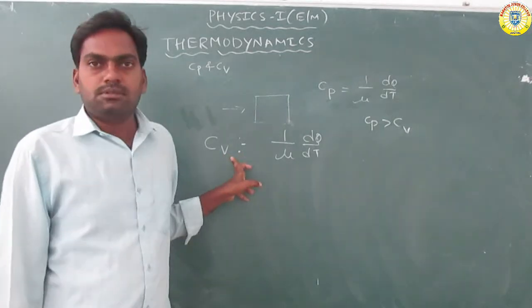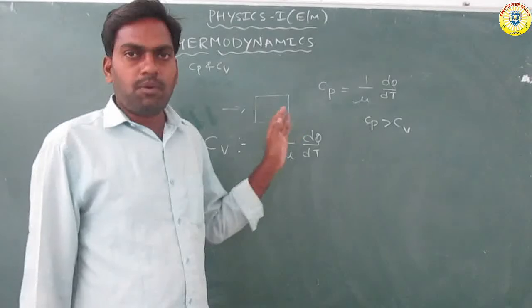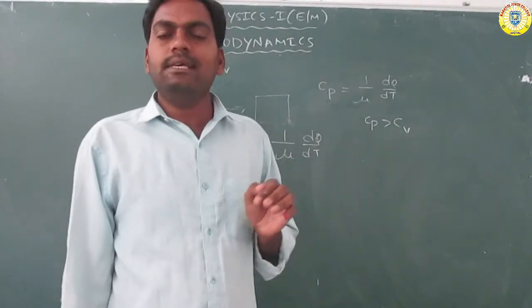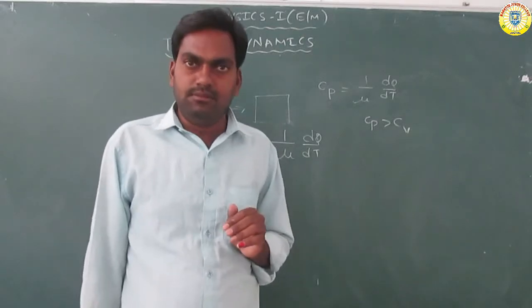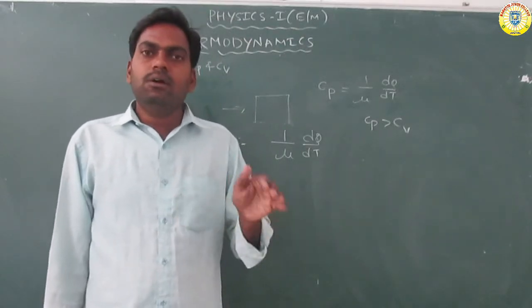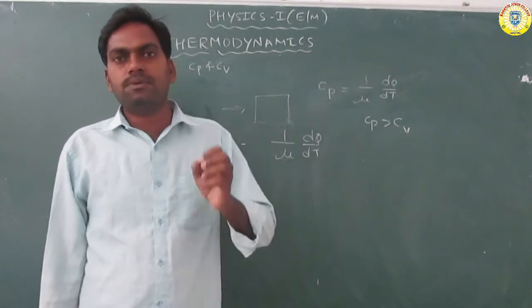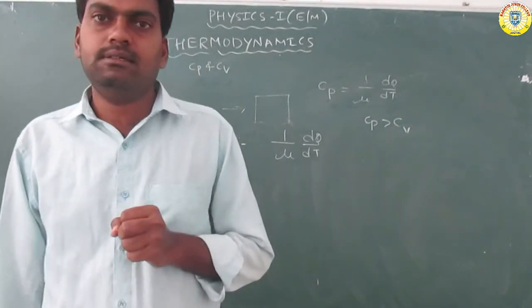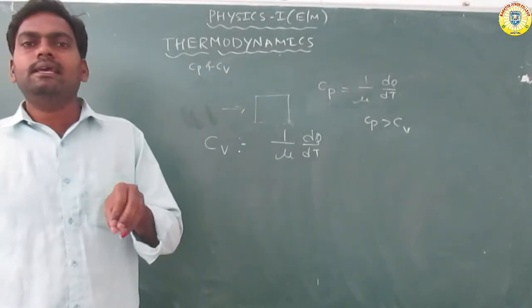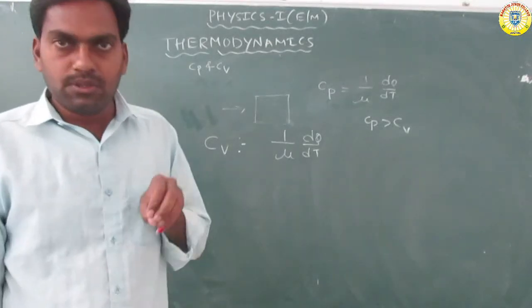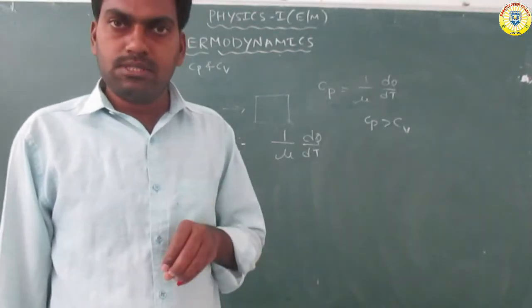At constant volume, the heat supplied to the system increases the temperature with no expansion. That means the heat is used only to increase the internal energy. The total heat supplied is completely used for developing internal energy.